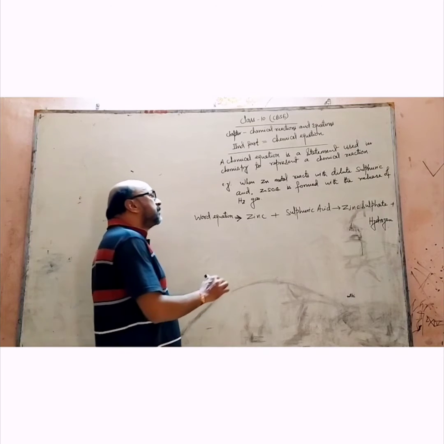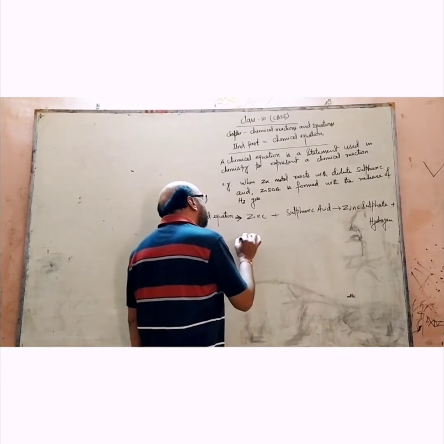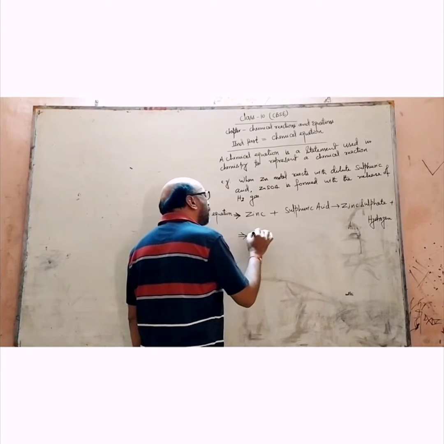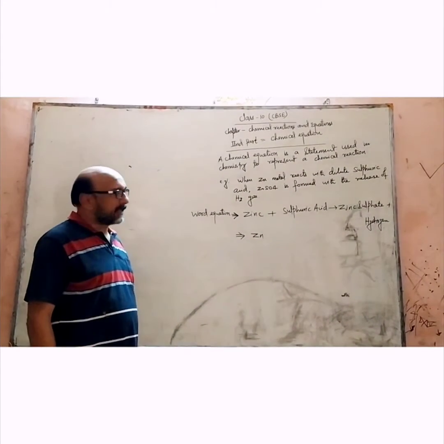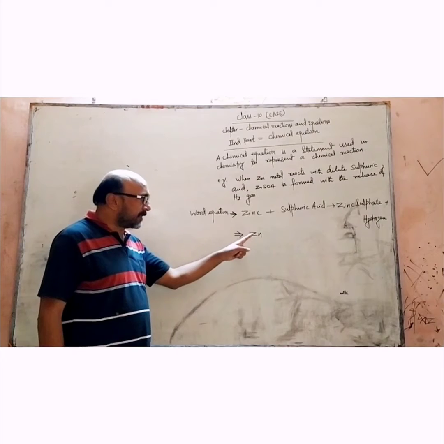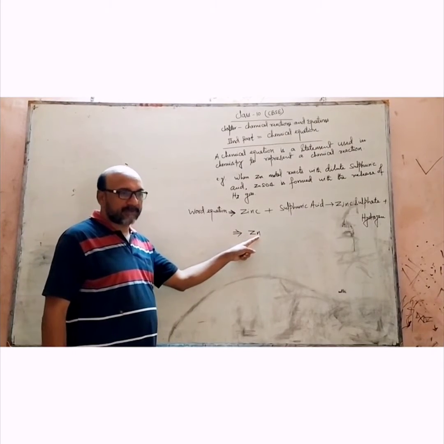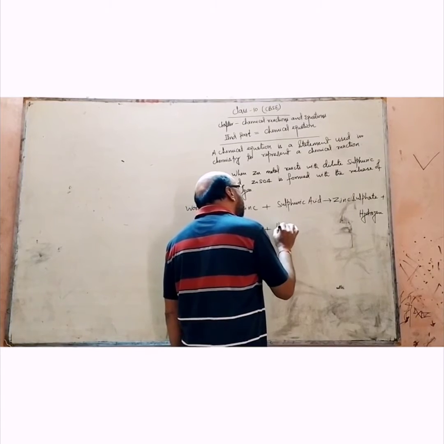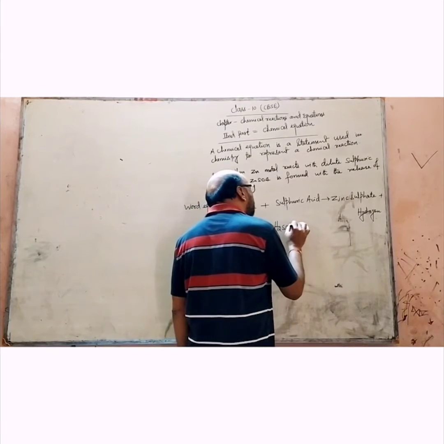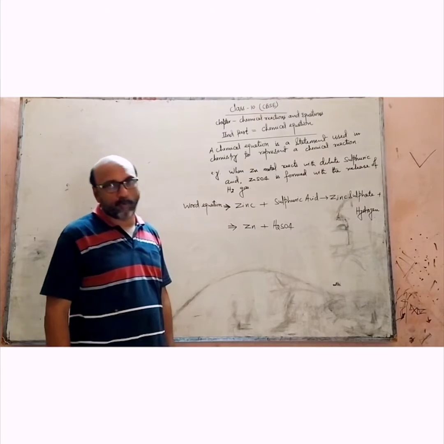And when this equation is written in the form of symbols and formulas, like zinc is written as Zn, which is its symbol, and sulfuric acid we can write its formula H2SO4.